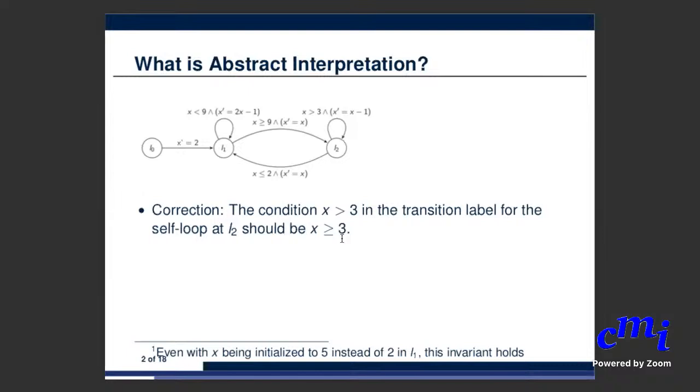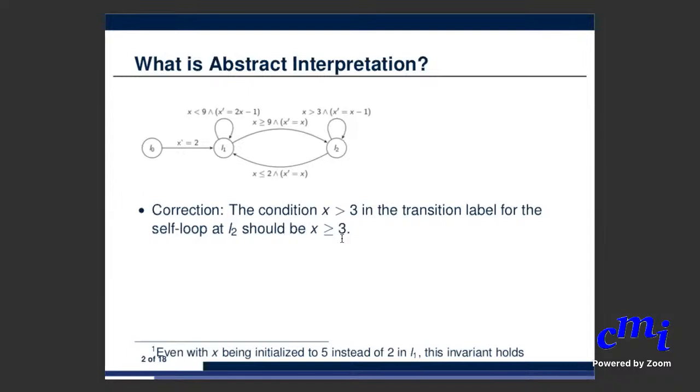Now, read this. Okay, this is just a flow chart, okay? So instead of giving it as a program, each of these is like a conditional assignment statement, okay? So I've used the prime variable to see what the new value of that variable is. So it initializes to 2, and you're here as long as x is less than 9.